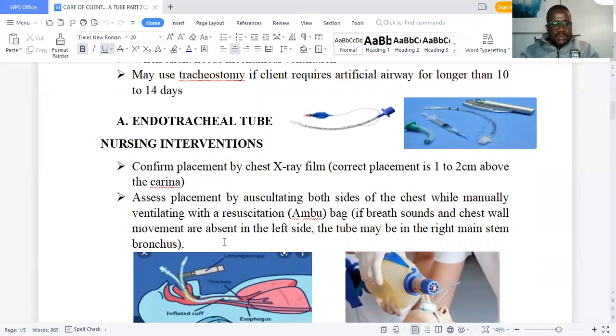Now, you are confirming that it is in place, right? And you can also assess by auscultating both sides of the chest while manually ventilating with a resuscitation bag, what we call the ambu bag.